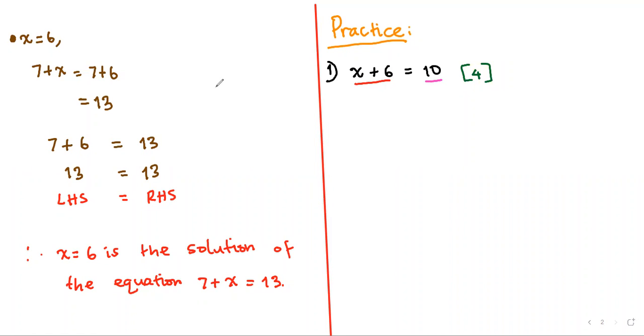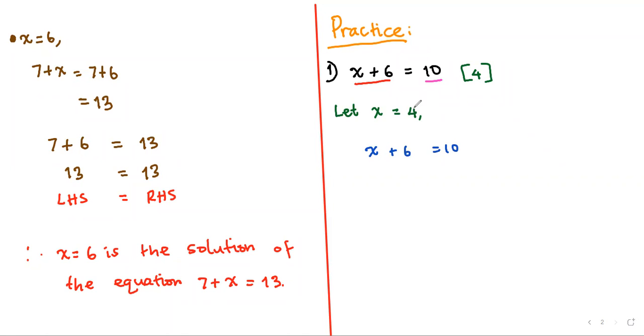Okay, so what you need to do is say, let x be 4. If x is 4, let's find out. Then x plus 6 is equal to 10.